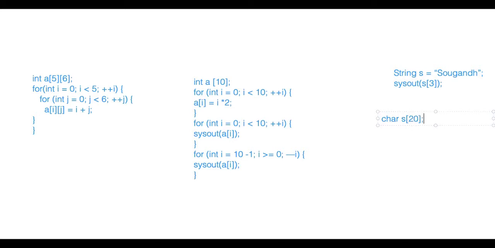Writing in this way or in this way, both are the same, such that the whole array part is handled by the string, and in the other case we have to explicitly write an array.